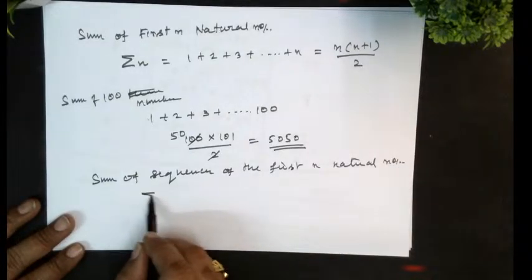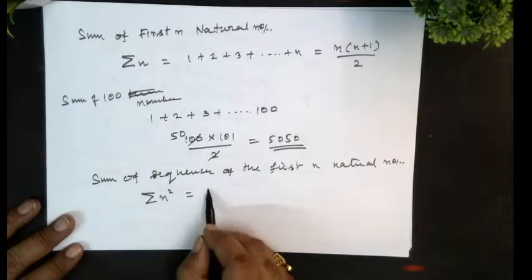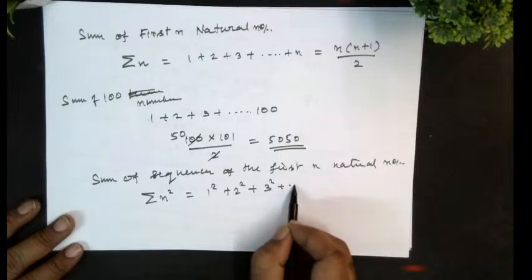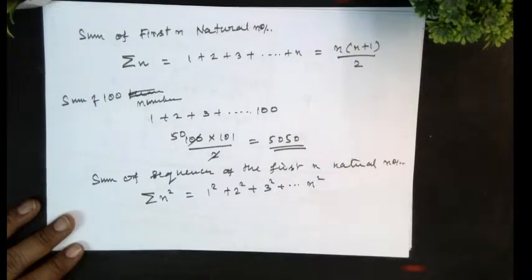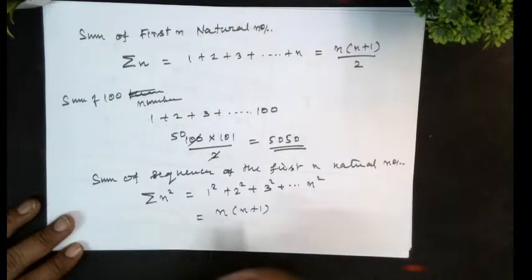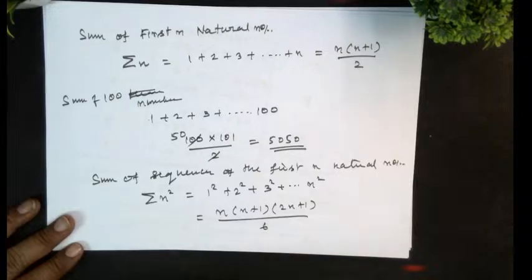So the sum of n squared is equal to 1 squared plus 2 squared plus 3 squared, etc., up to n squared. This was given by n into n plus 1 into 2n plus 1 divided by 6. Okay. So this is for summation of n squared.